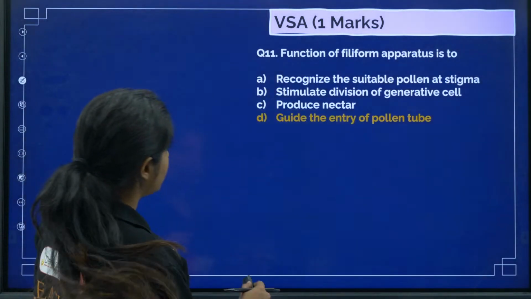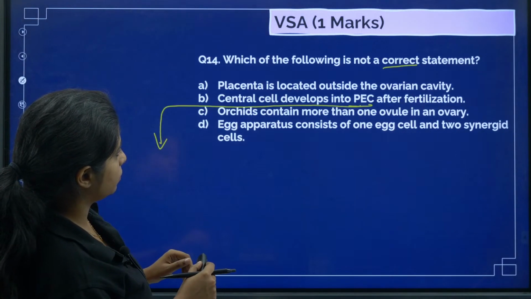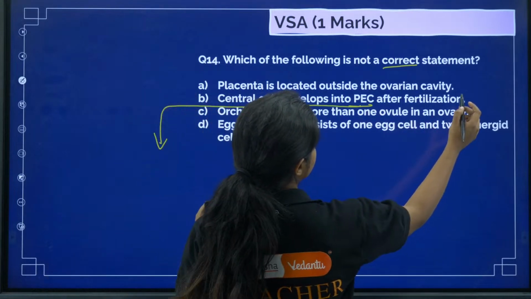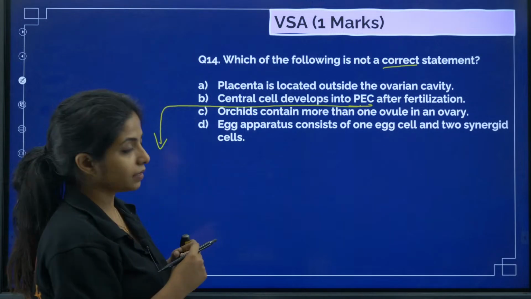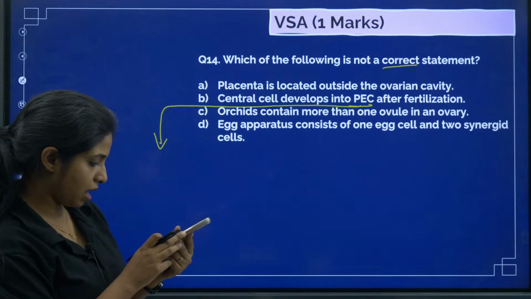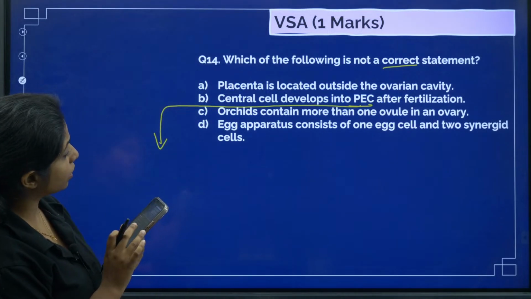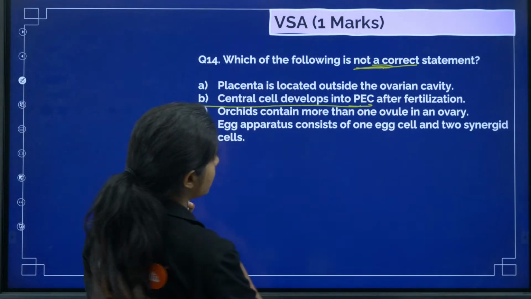Now, come over here. Let's see, this was the question. Central cell develops into PEC after fertilization, my dear children. Is this correct? Yes, this is correct. For the 14th, the question asks for the statement that is not correct, so, my bad.